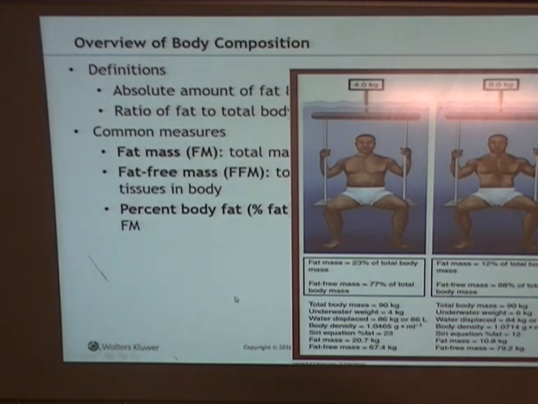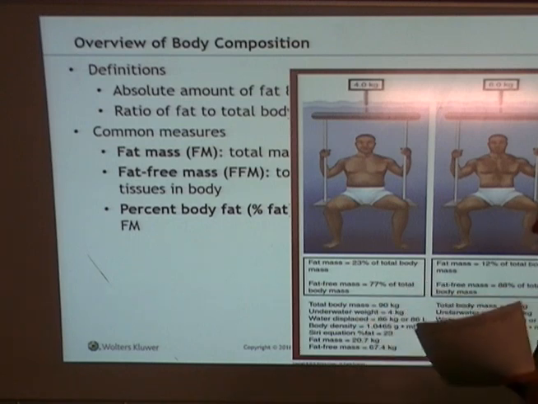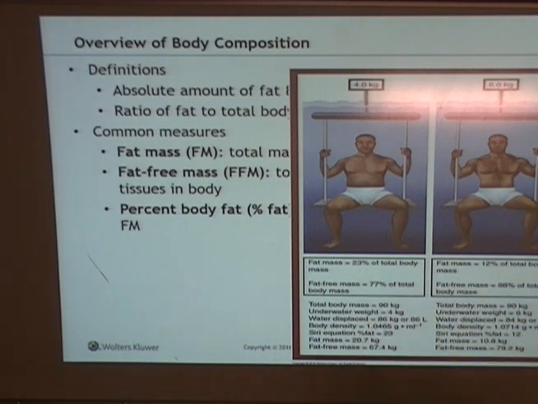So this figure in the book is a nice indication of why body composition is an important concept to understand. So two people that have the exact same total body mass, so if we stood them on a scale they would weigh the same, can have completely different body compositions. So the gentleman on the left, both gentlemen weigh 90 kilos.